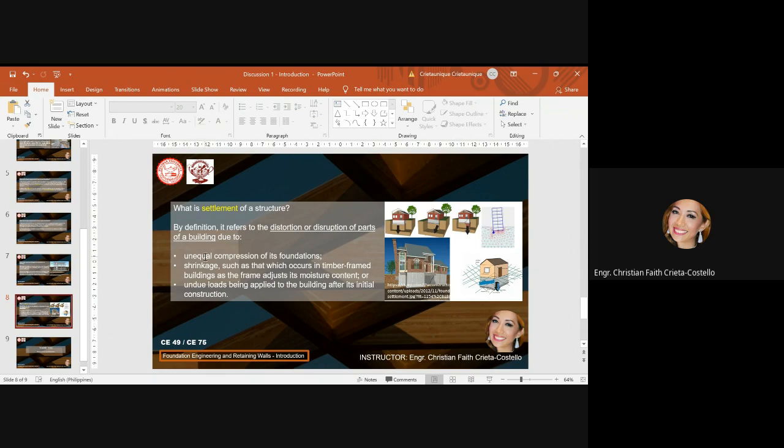So there are three considerations why settlement of a structure would happen, but as you can observe, unequal compression of its foundations is importantly highlighted. It's because once you are designing your foundation unevenly, then you cannot expect a uniform distribution of the loads from your structure going to the ground.